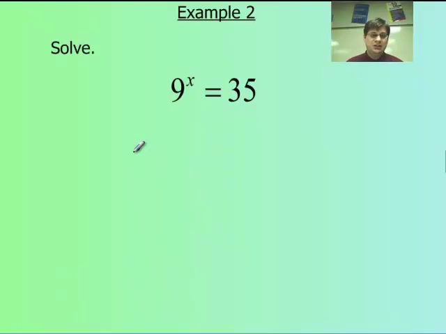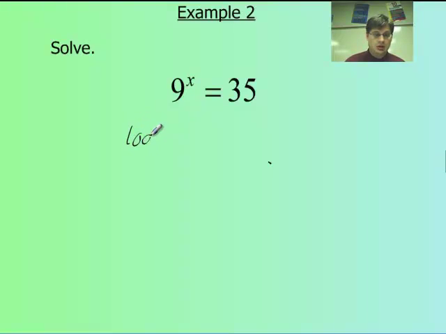In this example, we can't really write them as the same base. It's not convenient. So we can employ a different strategy. In this case, we could probably take a log on both sides. A log of, let's say, base 9, since we have base 9 here.